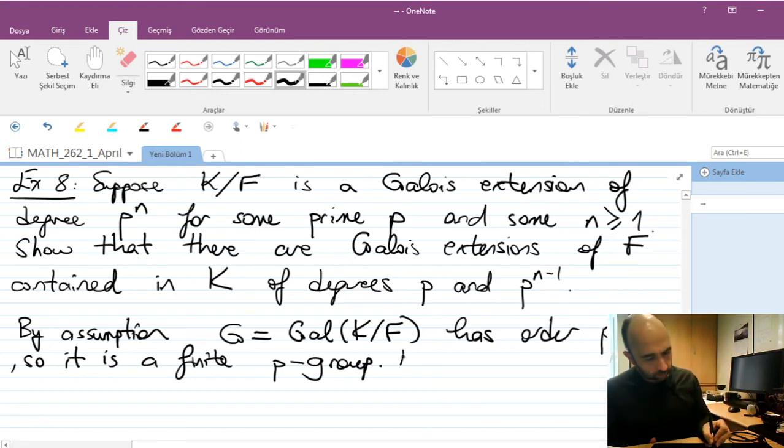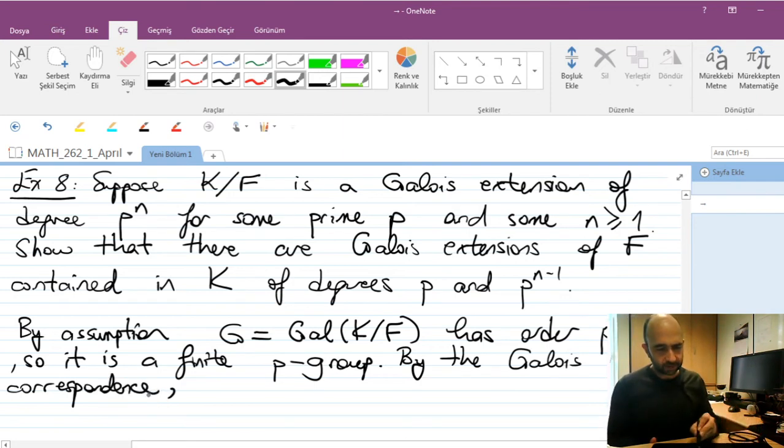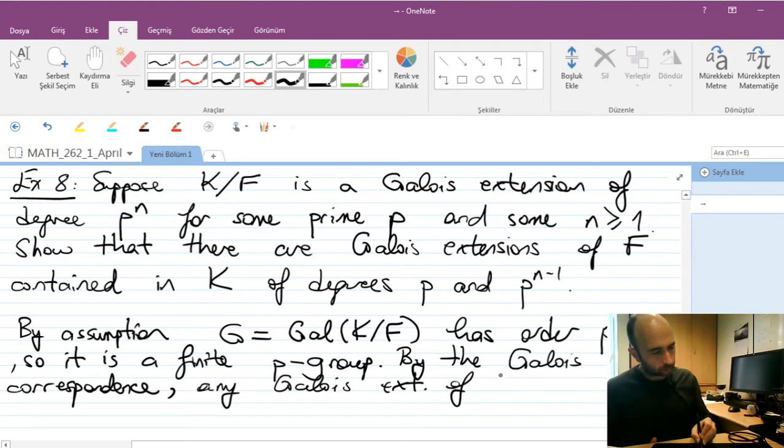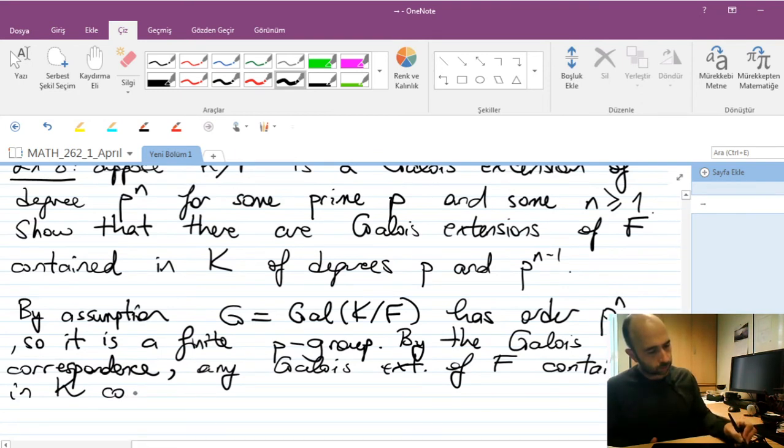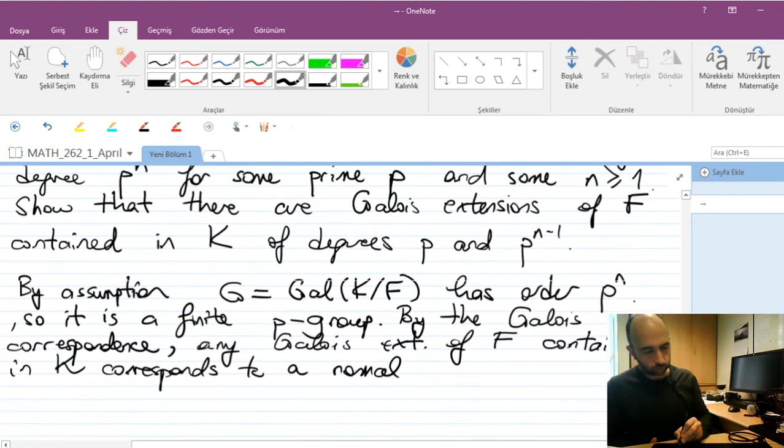By the Galois correspondence, the extensions that you're looking for, any Galois extension of F contained in K, corresponds to a normal subgroup of G.